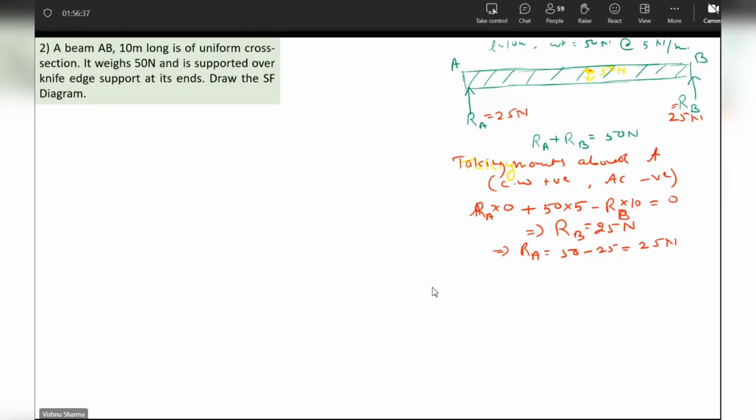Now, in the last class, in the last question, I had told you how to... Yes, somebody's asking a doubt. No. Okay. What I said was we need to identify the key points or critical points. One thing I said was the end points. Second, I said were the point forces.